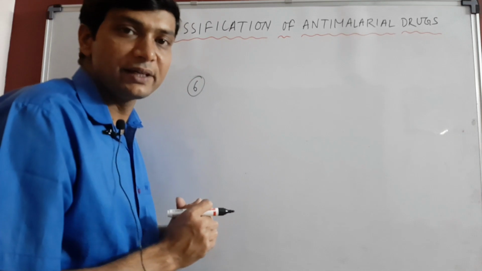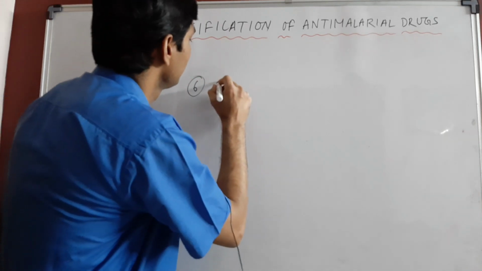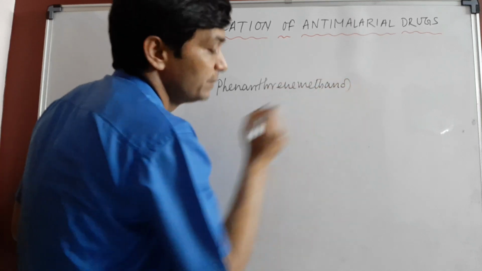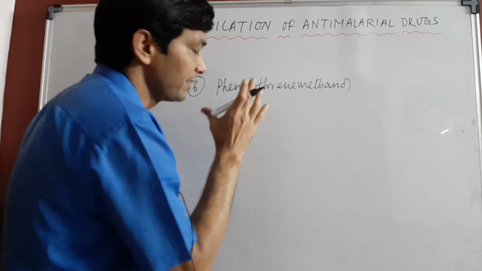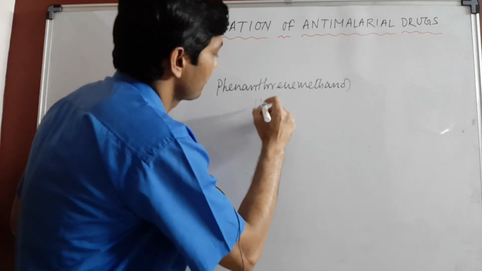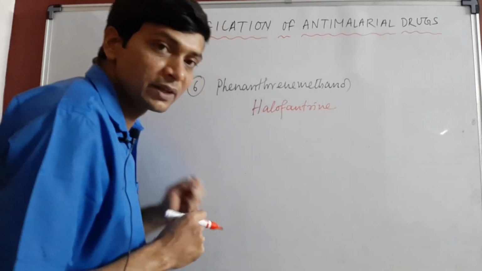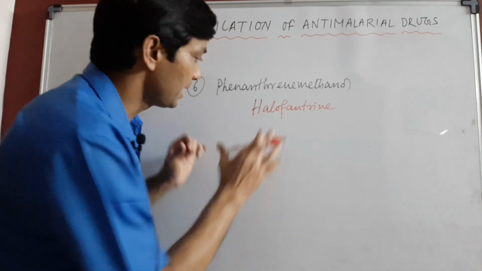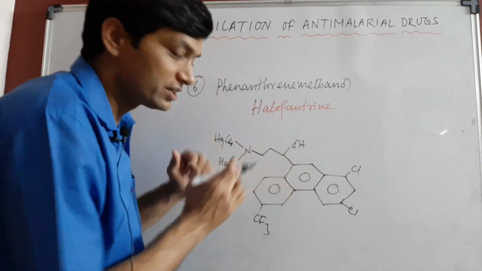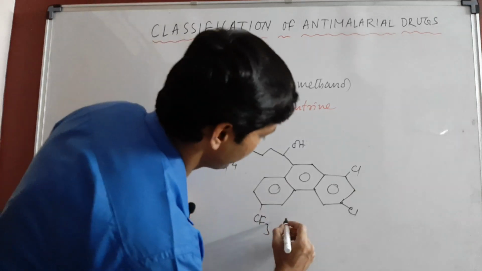The next class of antimalarial agents is the phenanthrene methanols, and an example of this class of drugs is halofantrine. This is the structure of halofantrine.